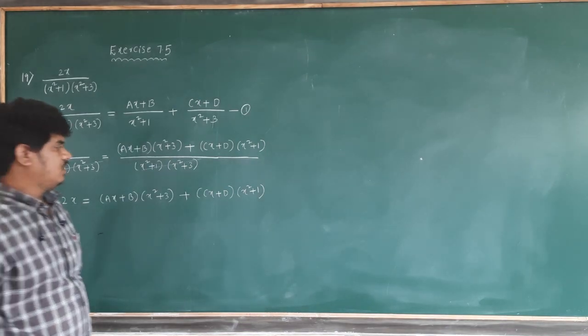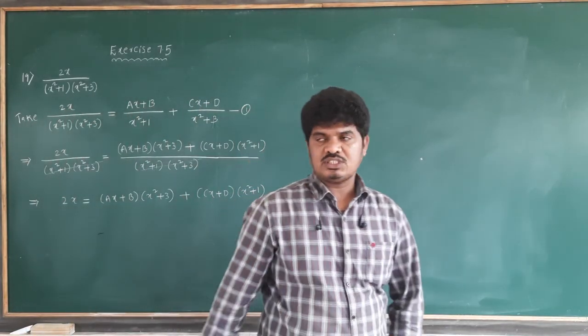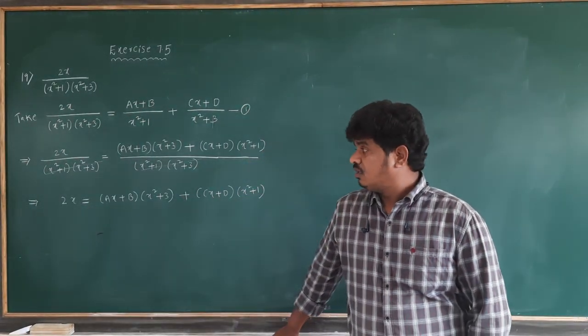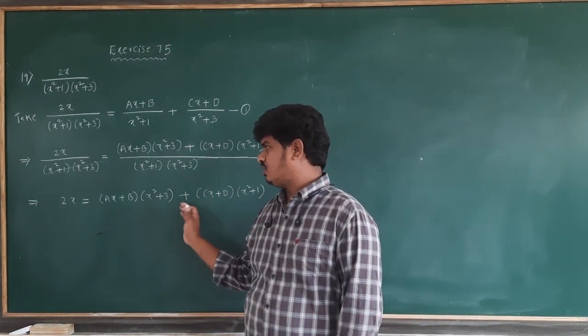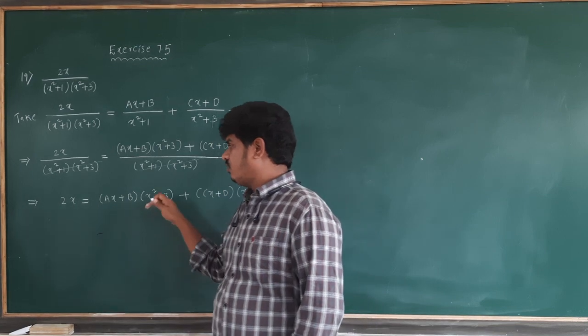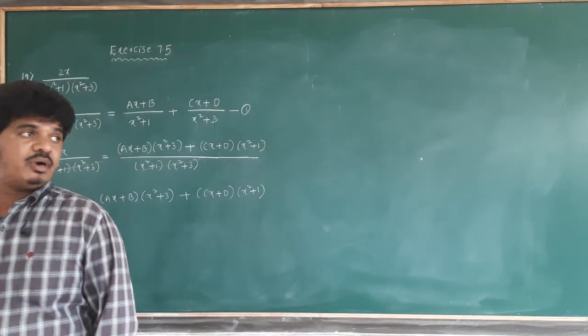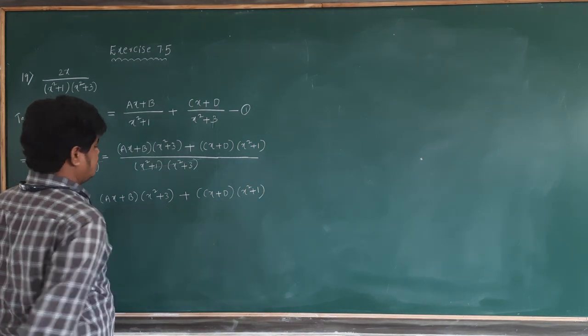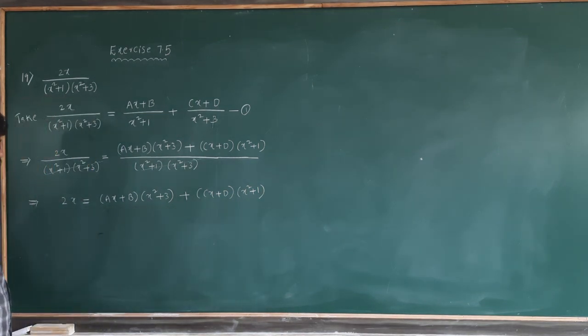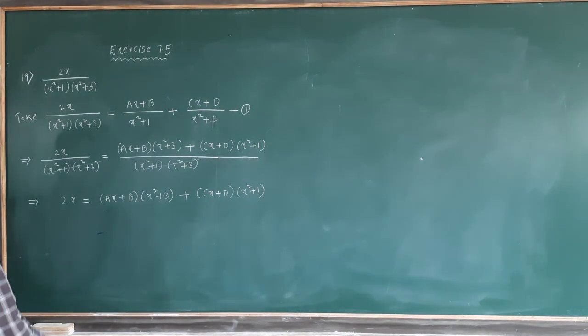Actually, here we don't have substitutions for x, because by substituting x equal to something, one of the terms must be 0, but here for any real number of x, these terms will not be 0, as we discussed in the previous problems. So just use only the comparing method.